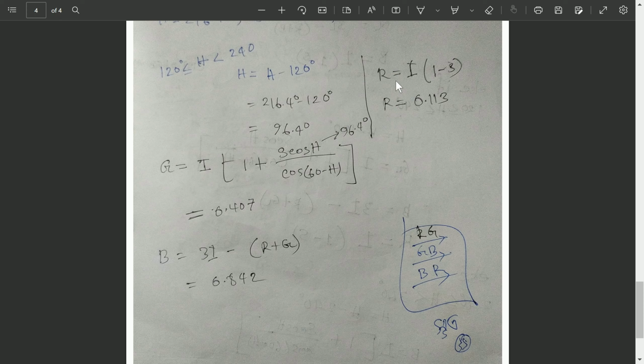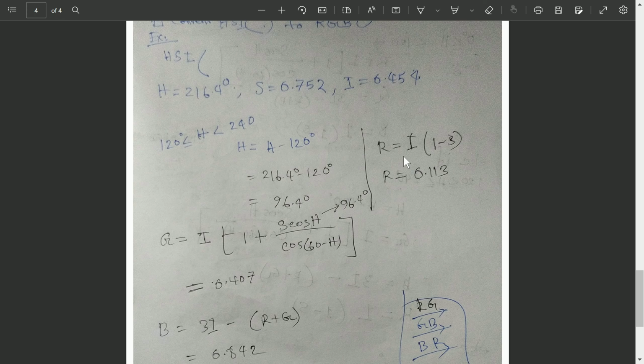Similarly, we are getting the result of R, which is equal to I into 1 minus S. Here the S value is 0.752 and the I value is 0.545.